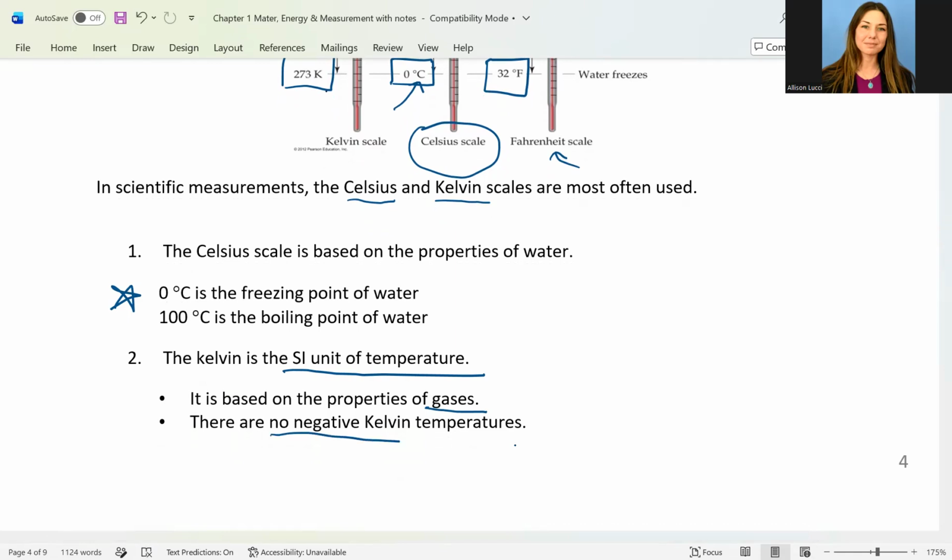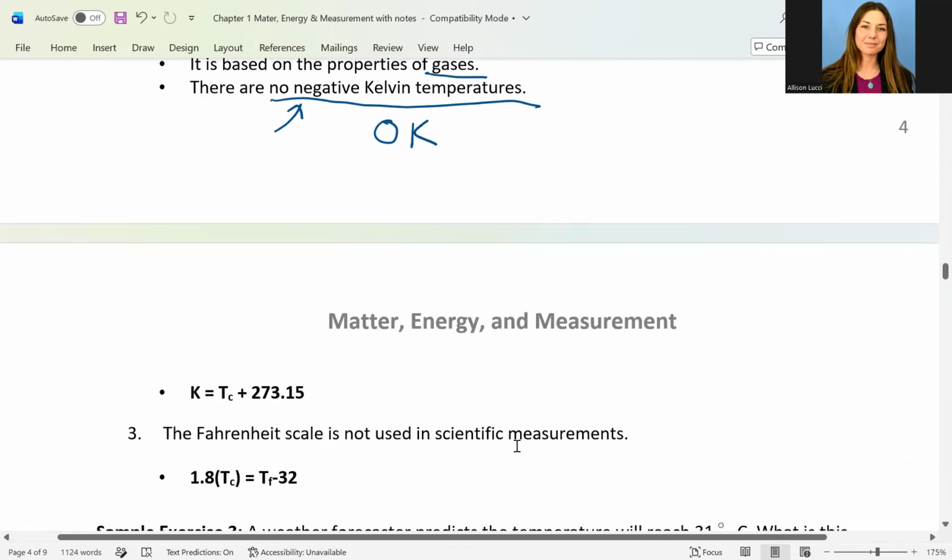And it's also based on the value for something called absolute zero, where there's no kinetic energy measurable at 0 Kelvin. So there's therefore no negative values when we measure temperature in Kelvin.